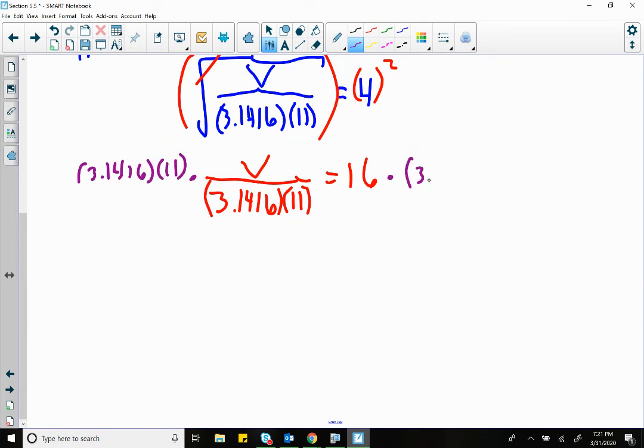So all we need to do is go to our calculator and multiply all three of these numbers together. And that's what will tell us what V is, because those pieces cancel each other out.